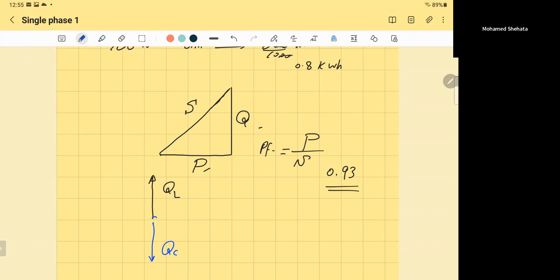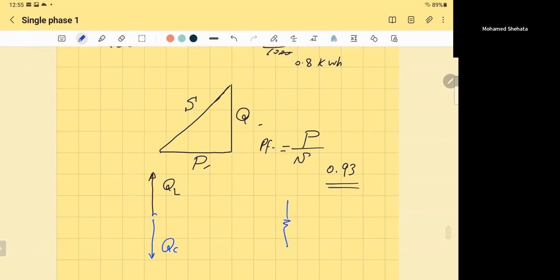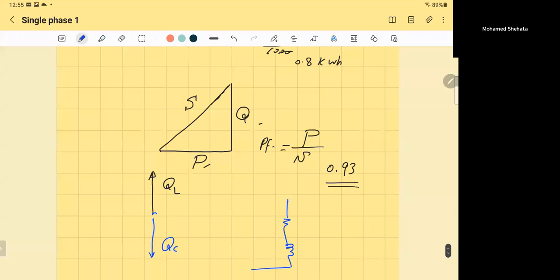So if you have QL like that and you want to minimize it, just put a capacitor in parallel with the load. Let me help you visualize what's happening. If you have an inductive load like that, you're going to do that in the lab, by the way, and that's the source. You take QL and put the capacitor here.